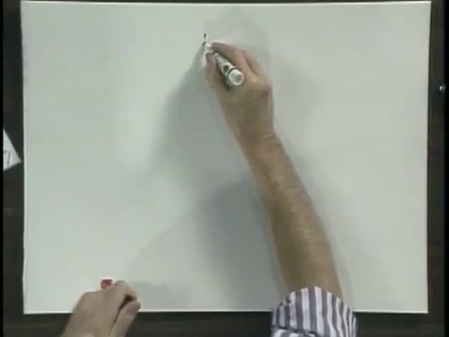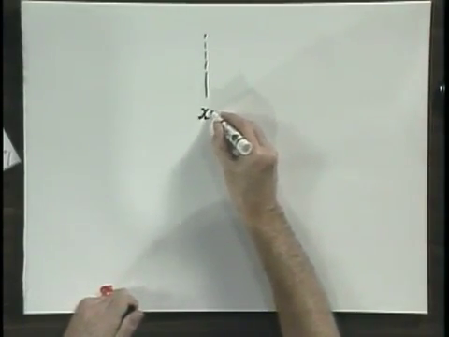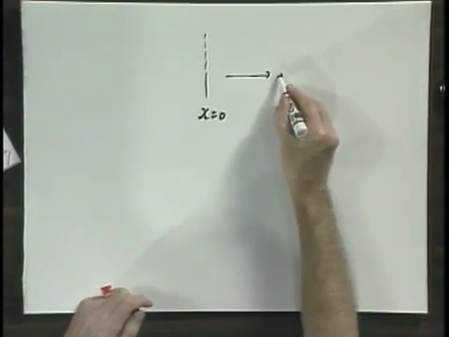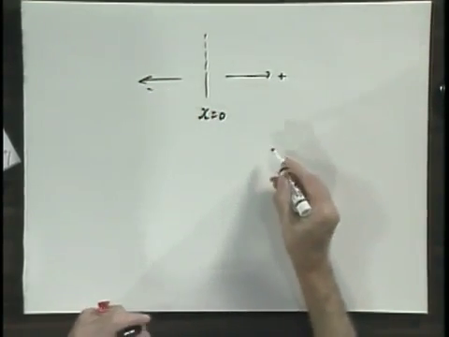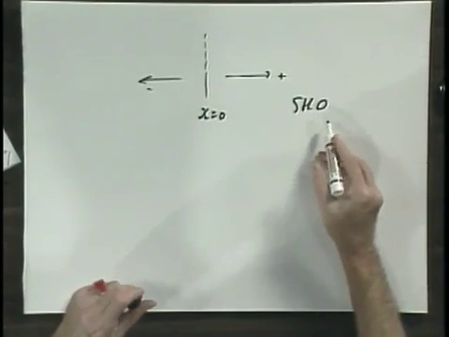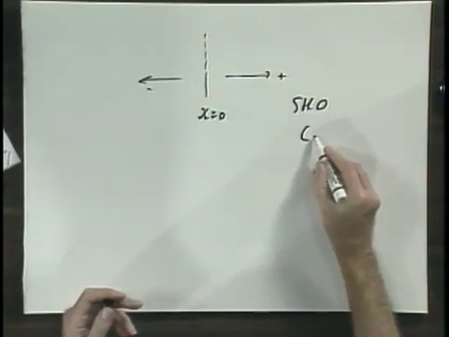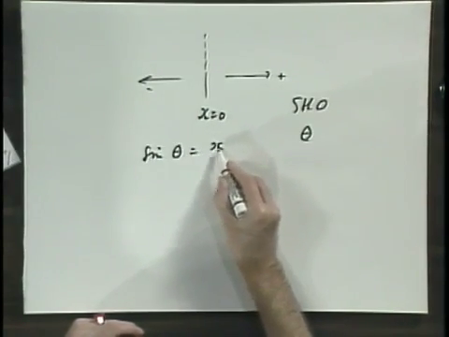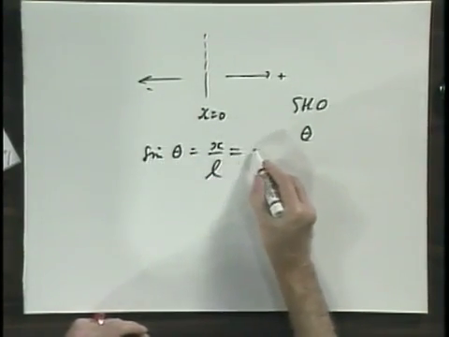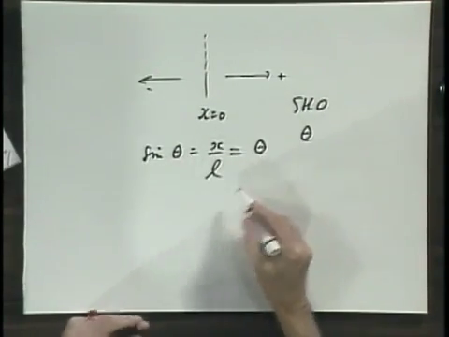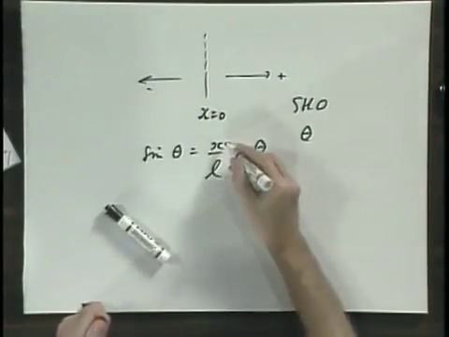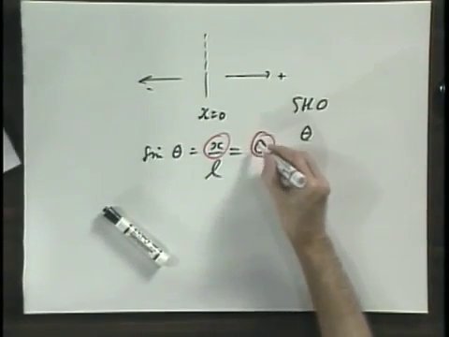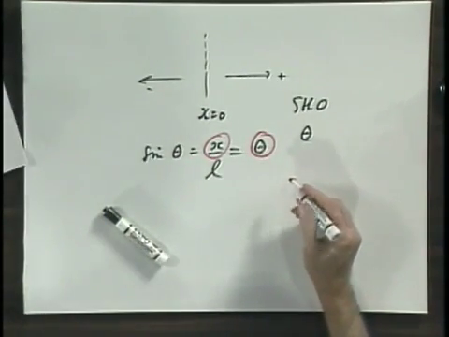It's clear that if the object is a simple harmonic oscillation in x, which it was, remember we called the equilibrium position x, this is plus x, and this is minus x, then it must also be a simple harmonic oscillation in theta, because the sine of theta was x over L, and for small angle approximation, the sine of theta is theta. So anything that is a simple harmonic oscillation in x will also be a simple harmonic oscillation in theta.